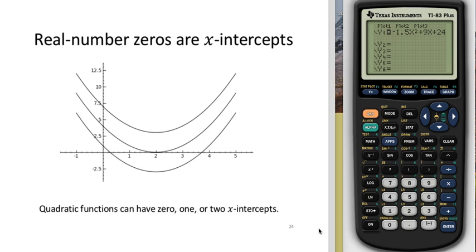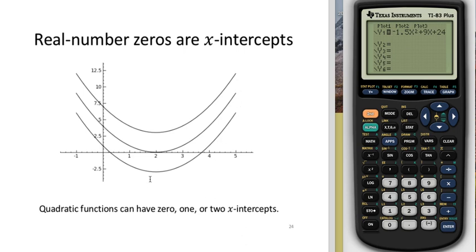Another thing to remember about the behavior of quadratics is that quadratic functions can have either 0, 1, or 2 distinct x-intercepts. There are those three possibilities. On this graph, I've demonstrated that by looking at three particular upward opening parabolas. So this is the graph of three different quadratics.